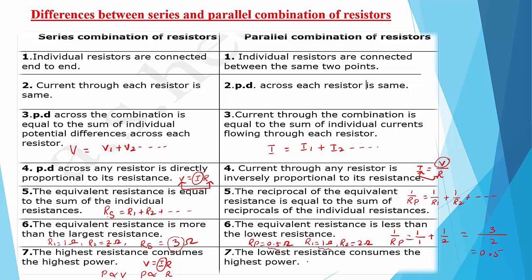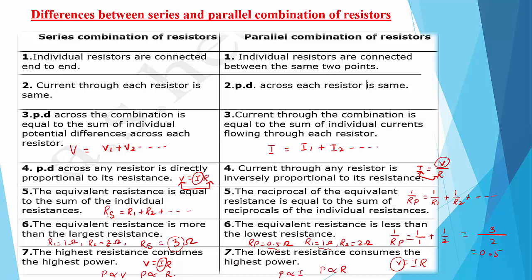But in parallel combination, the lowest resistance consumes the highest power, because we can use the same equation V equal to IR. Here V is a constant. That means in electrical appliances the power depends directly on current and on resistance.